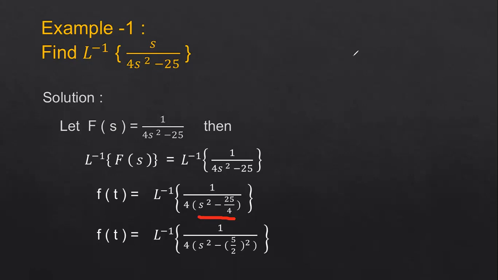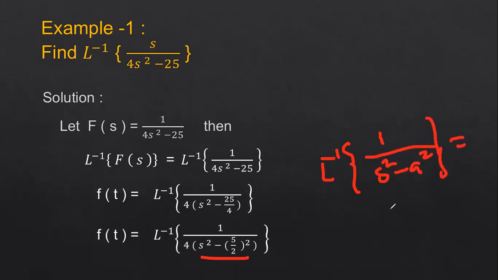Now this can be compared with Laplace inverse of 1 by s square minus a square, which is given as sinh at by a. Here the a value is equal to 5 by 2.